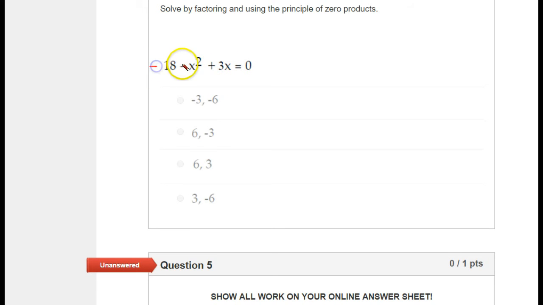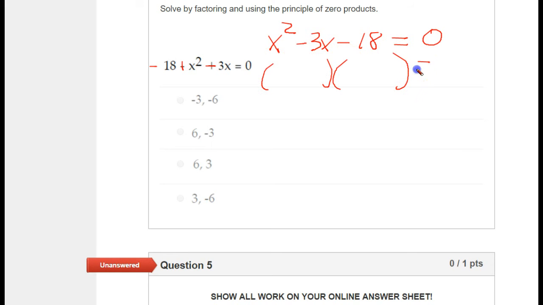So this becomes a negative, this becomes a plus, this becomes a negative, and rewrite it in standard form. So we reversed all the original signs by multiplying everything by a -1, and we get this that we're now going to factor. And this is the work you would need to show.